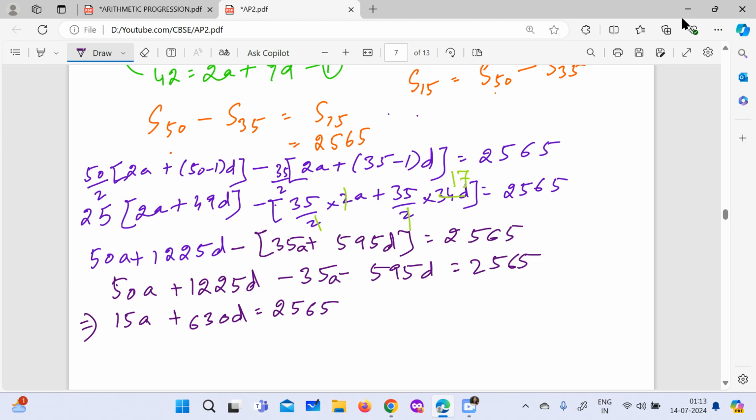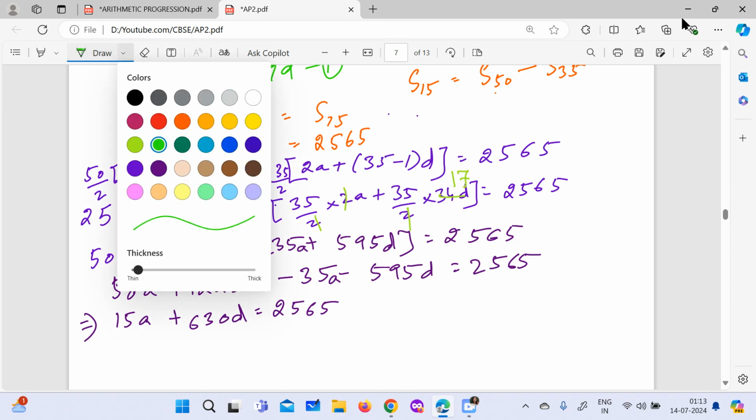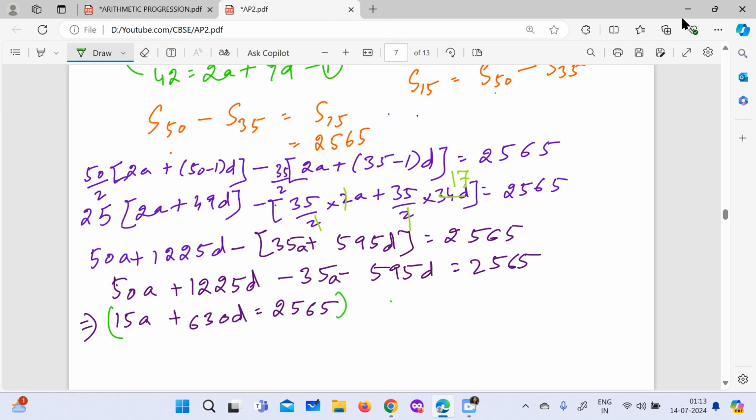Now you can see very clearly, we can divide throughout by 15 to make it simpler. If we divide throughout by 15, we get a plus 42d equals, this one you will get 171.